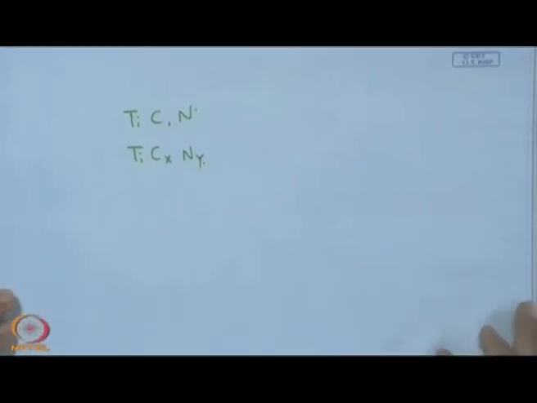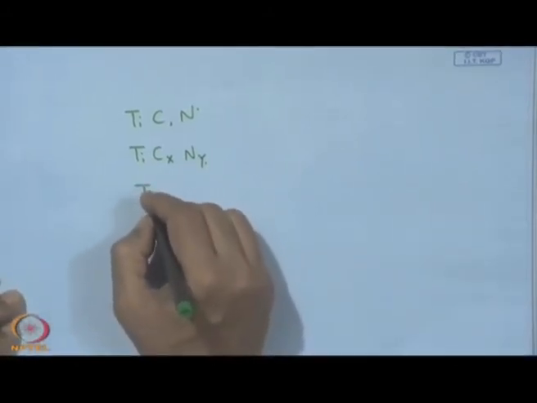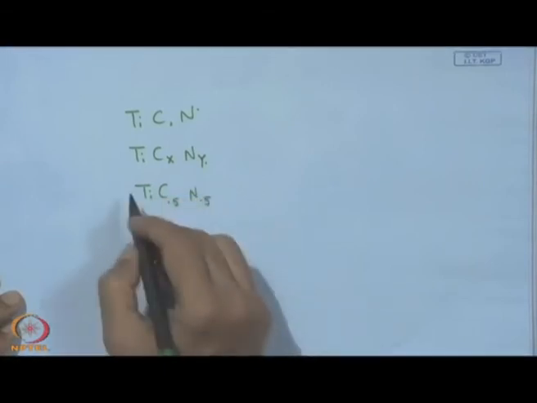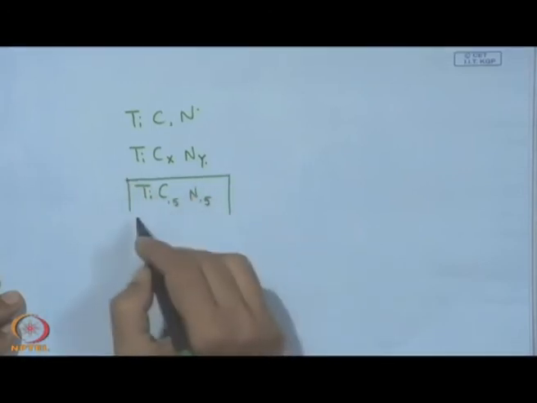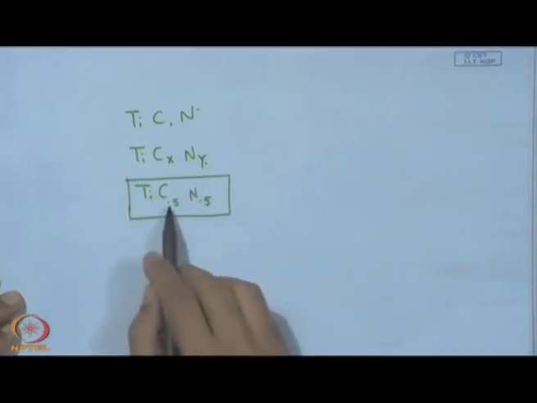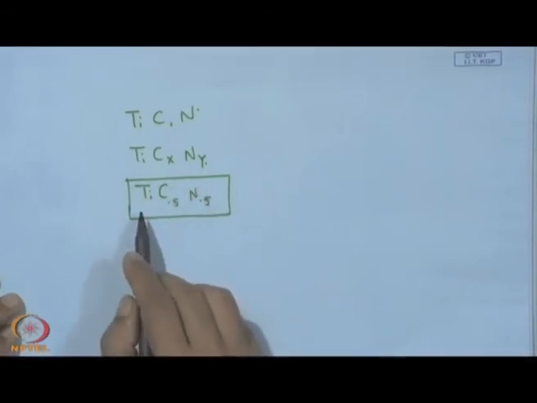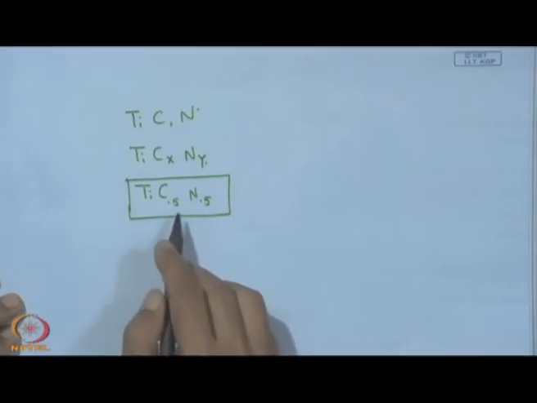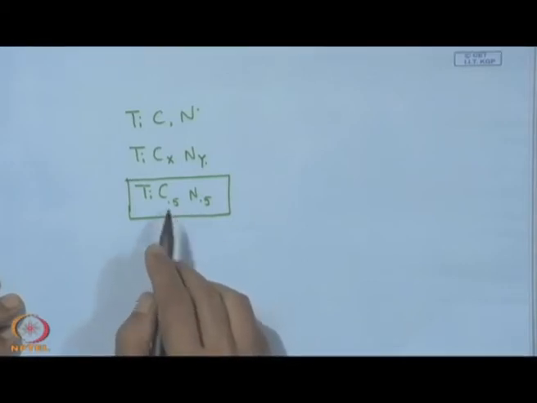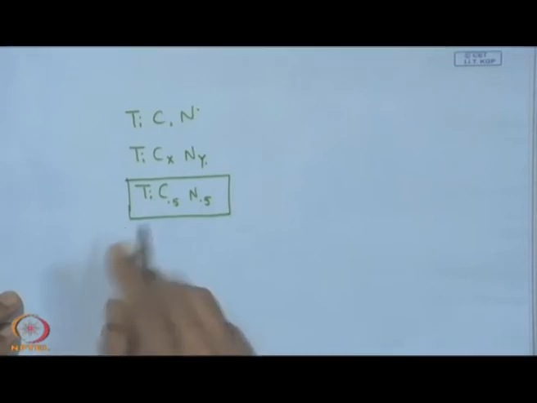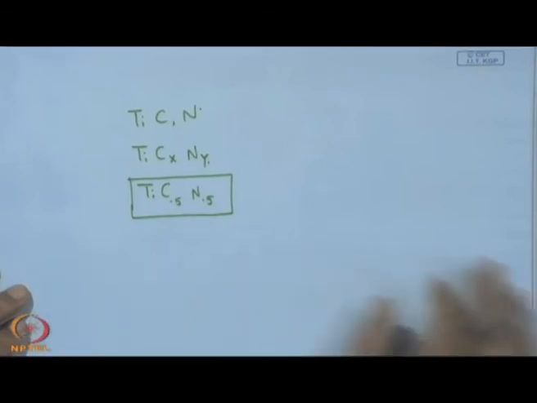For all practical purposes, it is also the experience that if we have 0.5 and 0.5, it is some kind of an equal blending of carbon and nitrogen in that lattice site with titanium. However, this 1:1 ratio of carbon to nitrogen also depends upon the basic composition of the carbon nitrogen source.